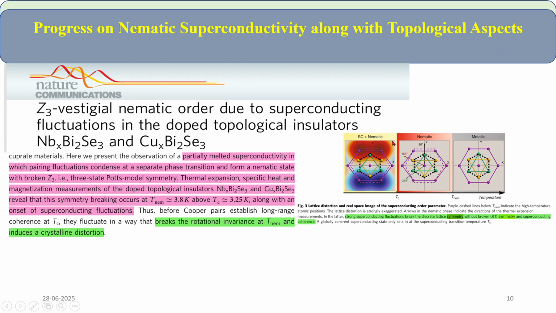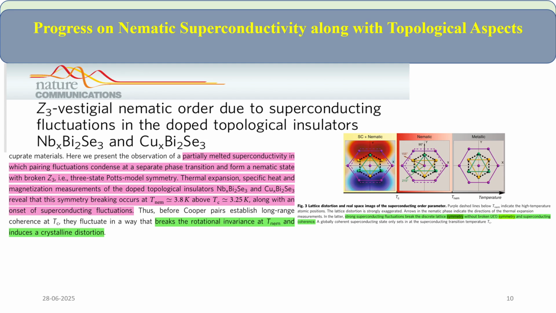So this is again the role of nematic superconductivity with the topological materials. This is the superconductivity with nematicity, and this is the metallic region. There is no role of the metallic region in rotating in any of the directions, so metallic materials are not dependent on the breaking of rotational symmetry. The nematic region is just closer to the superconductivity, and this is the quantum metallic region, where the results are also affected by the nematicity if the rotational symmetry is changing.